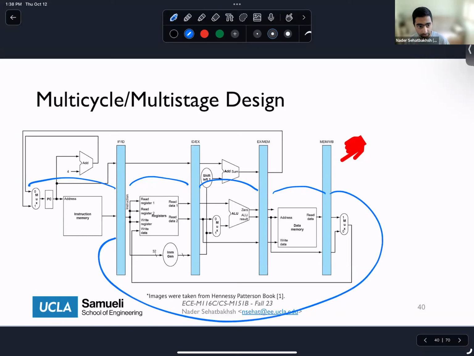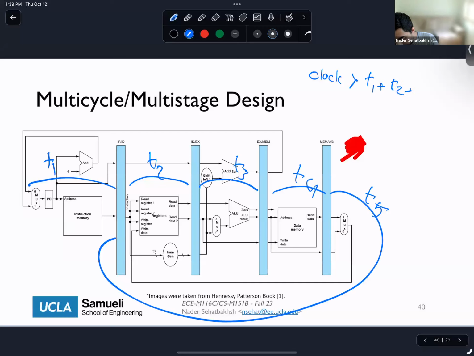For example, if this is T1, this is T2, this is T3, this is T4, and this is T5, now I can change my clock much faster. Remember, previously my clock had to be bigger than T1, T2, T3, T4, and T5 combined, right?